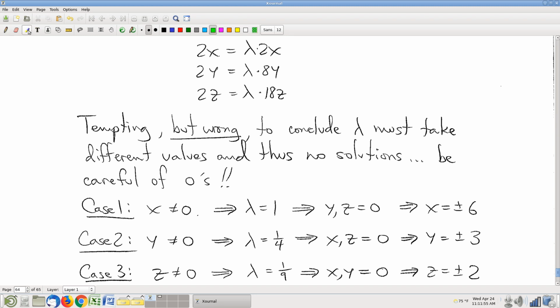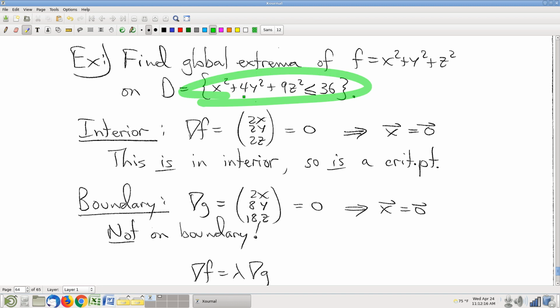Here, an easy way to break down the cases is, let's consider what happens when x is not 0. Let's consider then separately what happens if y is not 0. Finally, what happens if z is not 0, and that's all the cases, because the only remaining possibility would be that x, y, and z are all 0, and of course, x, y, and z cannot all be 0.